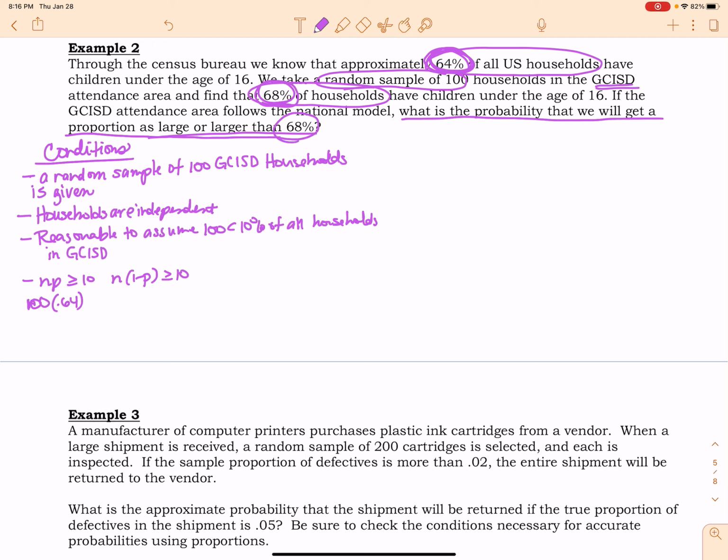So we want to know the probability that we'll get 0.68 if in fact 0.64 is actually the true proportion. So that is what we're going to use for p. And both of these values are bigger than 10, so my sample is in fact large enough to approximate normal.